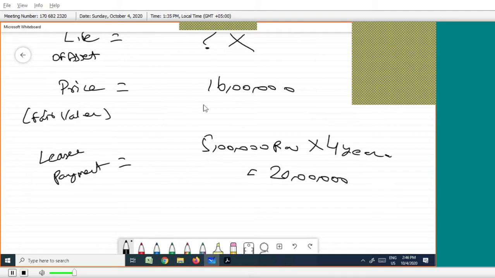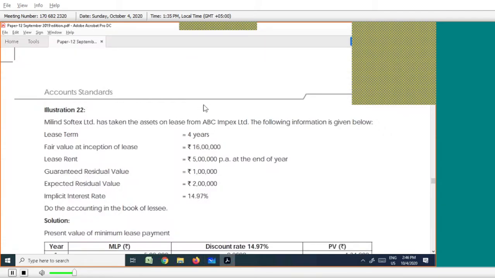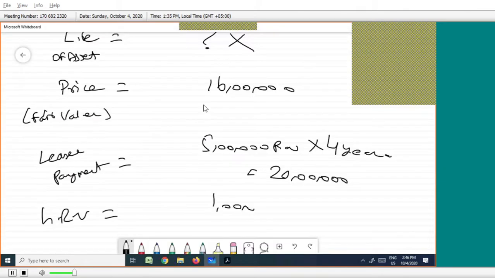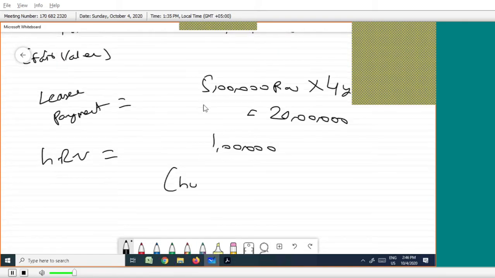Then guaranteed residual value, 1 lakh rupees. Guaranteed means guarantee given by lessee to lessor. Lessee is ready to pay this 1 lakh rupees after 4 years.